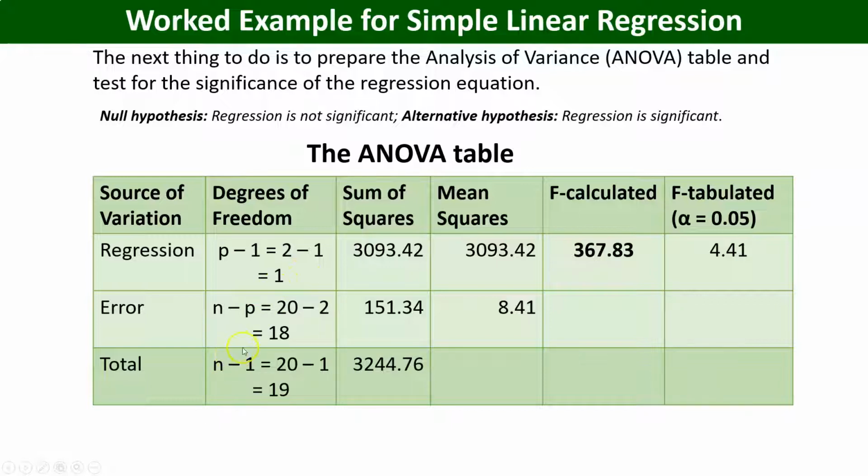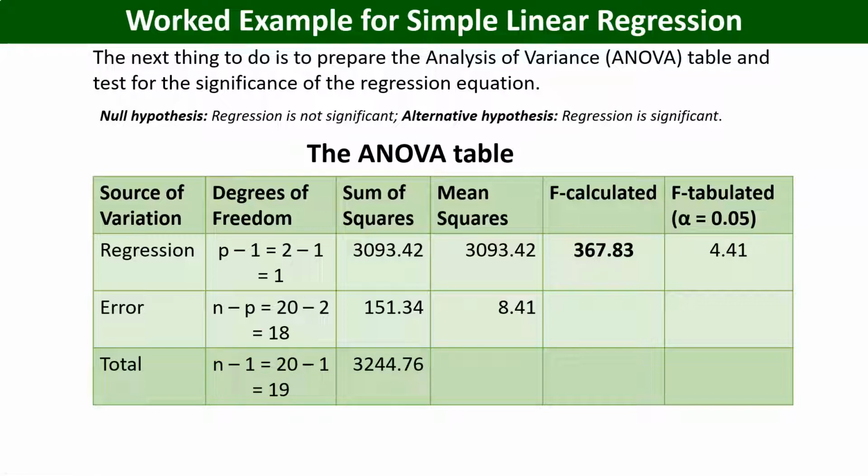Now, the next one you look at is your error. Degree of freedom for error is usually n minus p. N is the number of observations, which is 20 in our own case, and p, number of parameters, is 2. So that gives us 18. And for total, the degree of freedom is n minus 1.